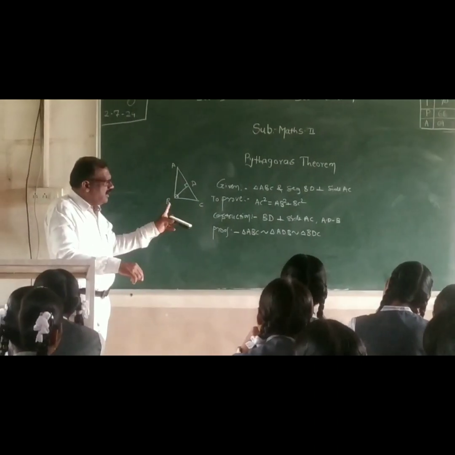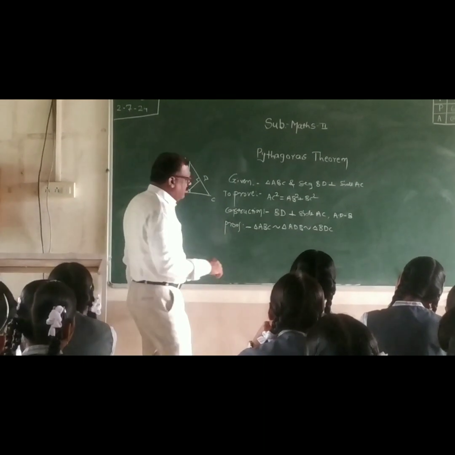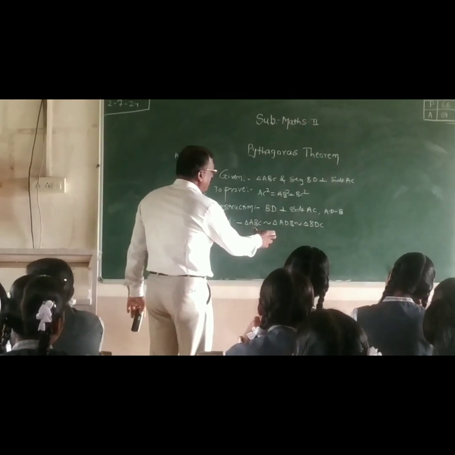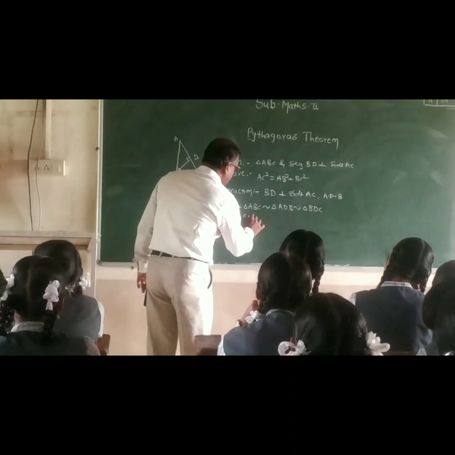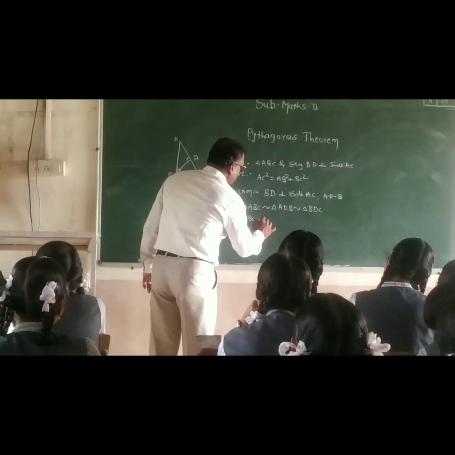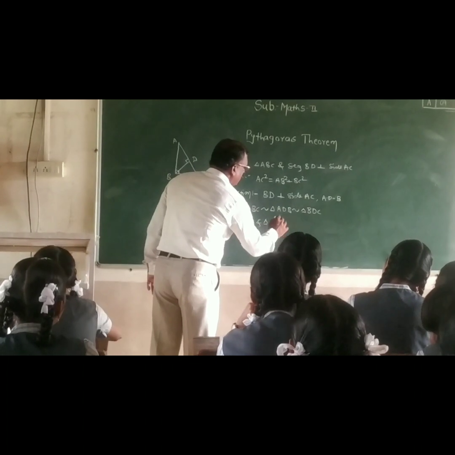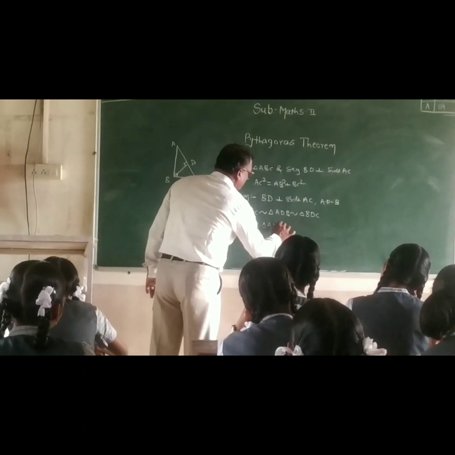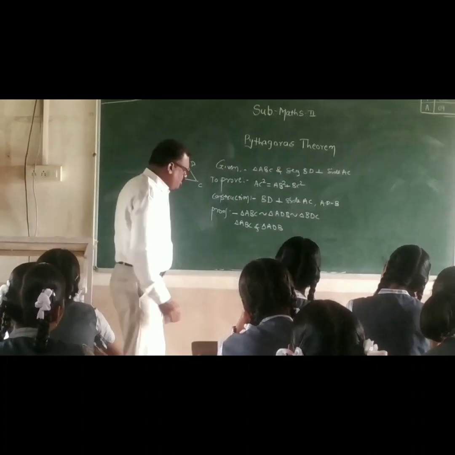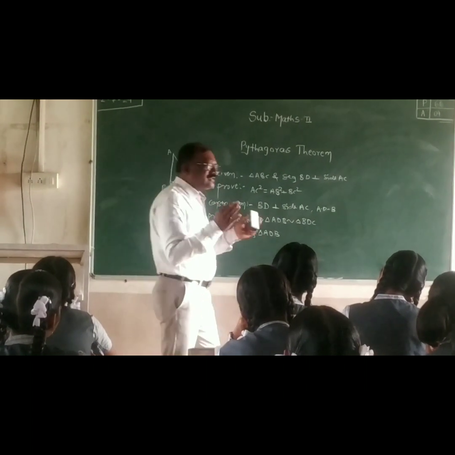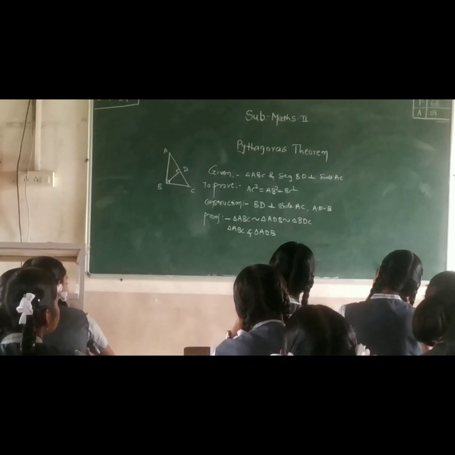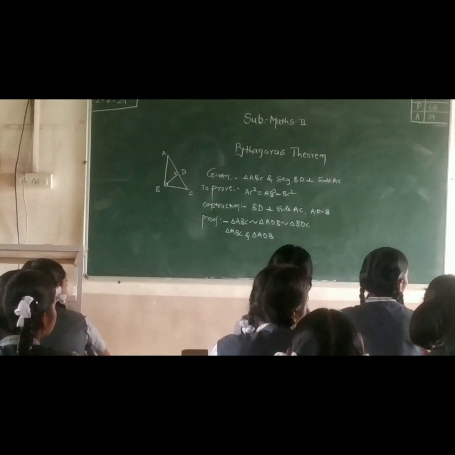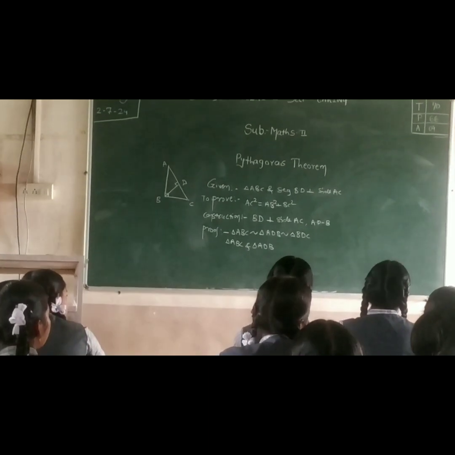Now listen. Consider only these two triangles, triangle ABC and triangle ADB. When triangles are similar, the sides of those triangles are in proportion.